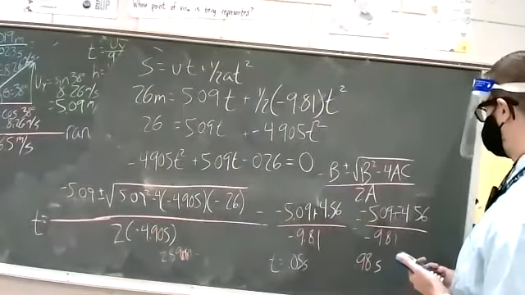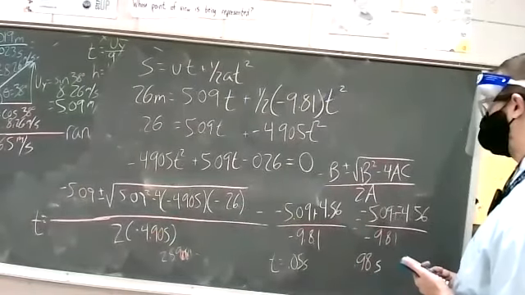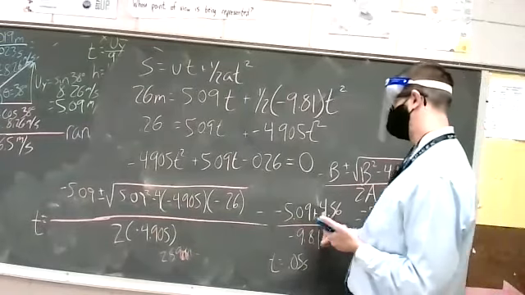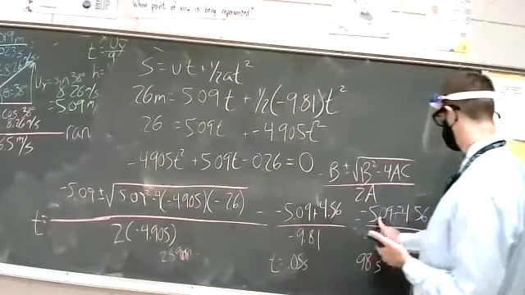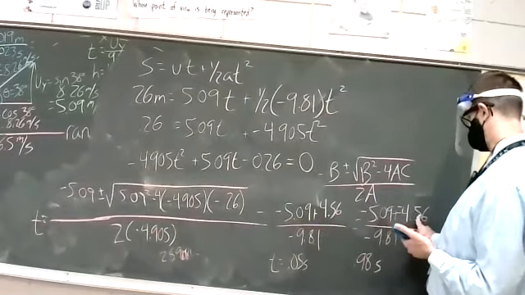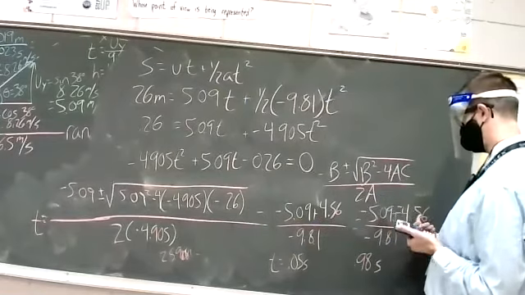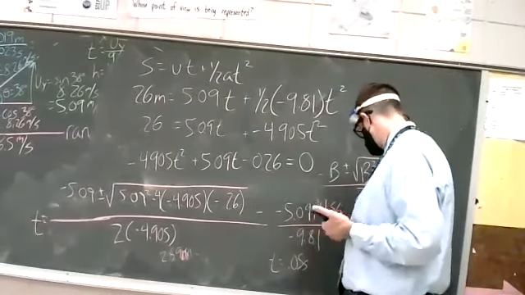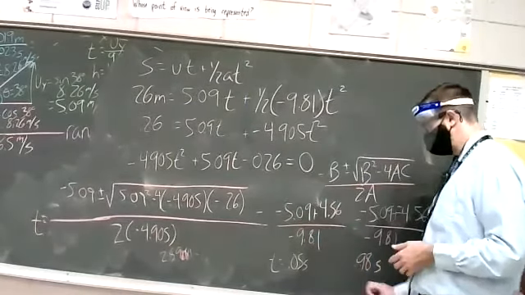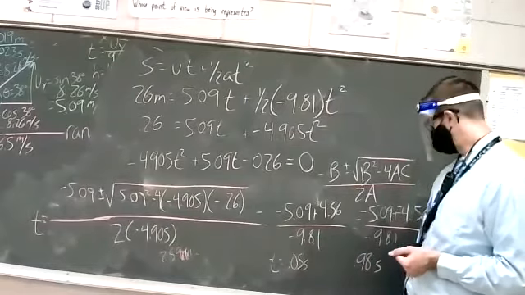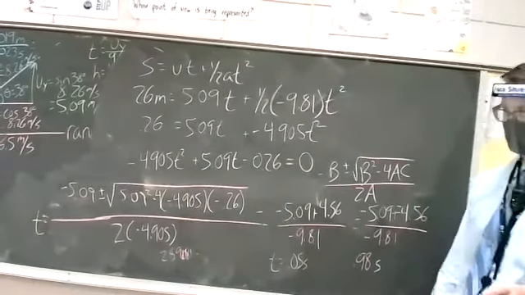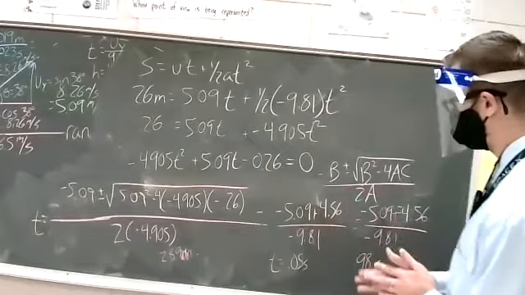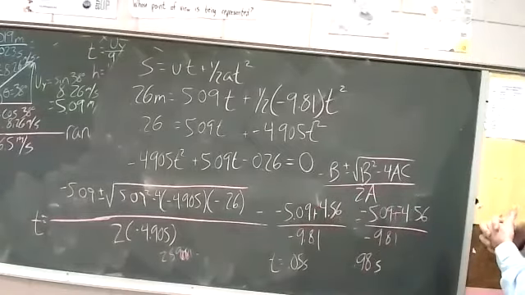So you have one solution, negative 5.09 plus 4.56, negative 5.09 minus 4.56. So both of the answers actually come positive, right? Because this is still negative. So it should either take 0.05 seconds or it should take 0.98 seconds. All right, so those are the two solutions that we get for the time here.